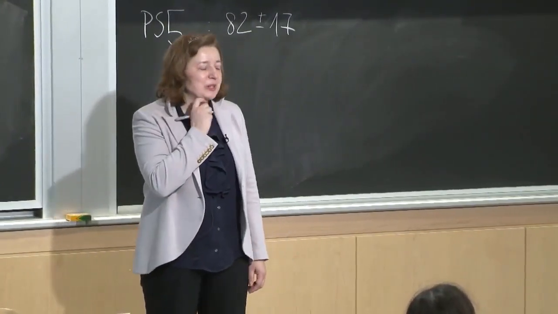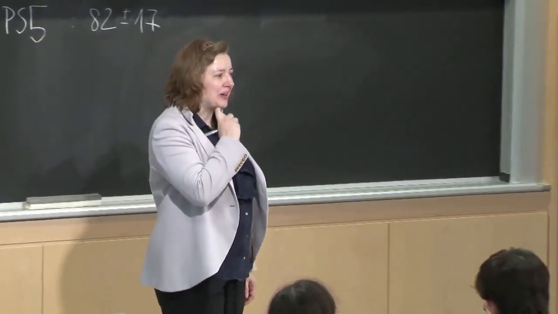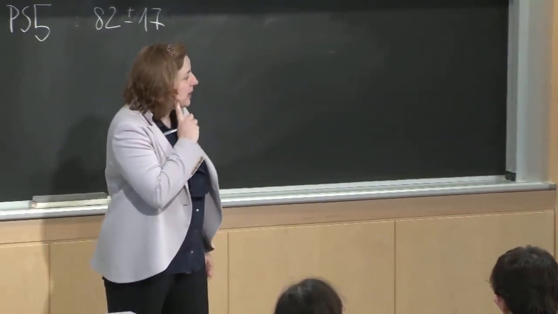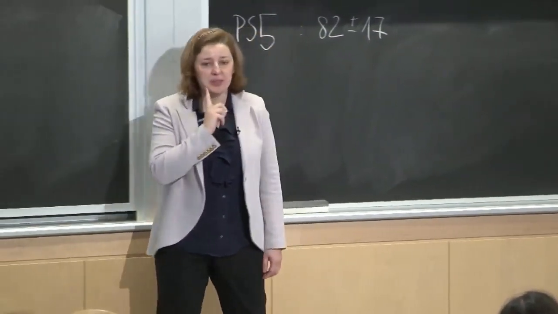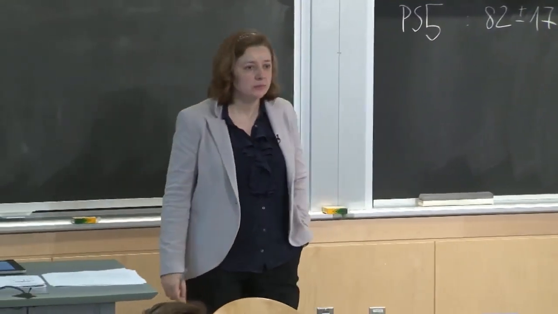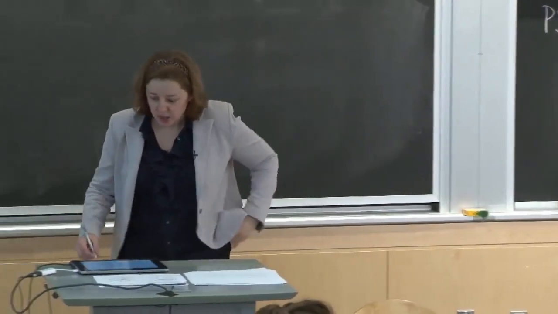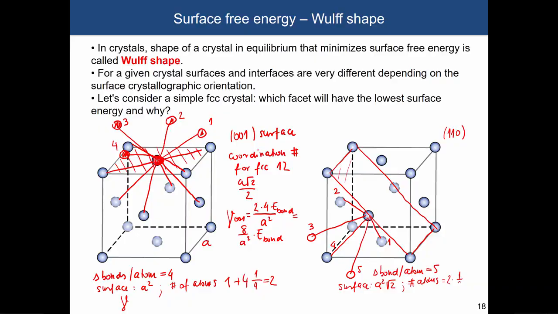This comes back to something that we covered at the beginning of the semester, right? So how many atoms do we have in the 110 plane? 2 of them, right? So there are 2 atoms that contribute with 1/2. These are these atoms. And there are 4 corner atoms, each contributing with 1/4.